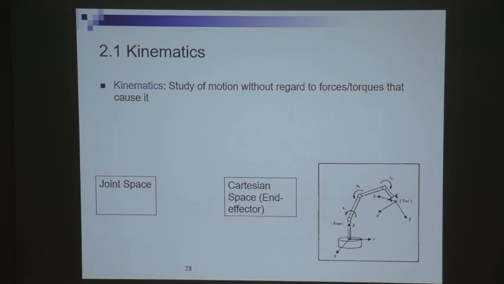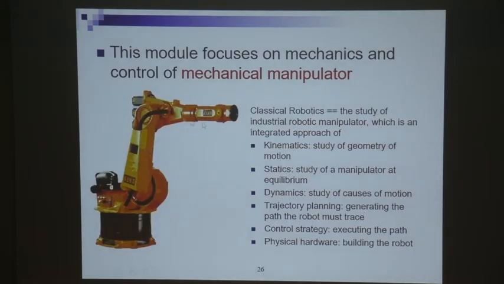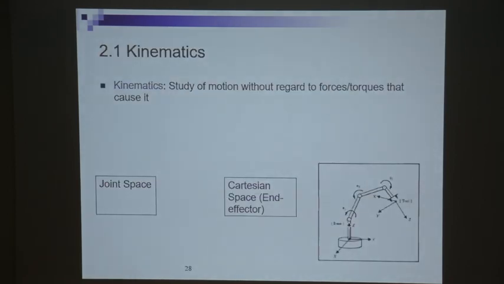And then if we go on to talk a bit more about kinematics, it says that kinematics is the study of motion without regard to force or torque that is actually causing it. So this is a drawing of a robot manipulator. This is a photo of a robot manipulator. And if we are to represent the robot manipulator itself, a lot of times we'll draw it in this manner. You have a base.